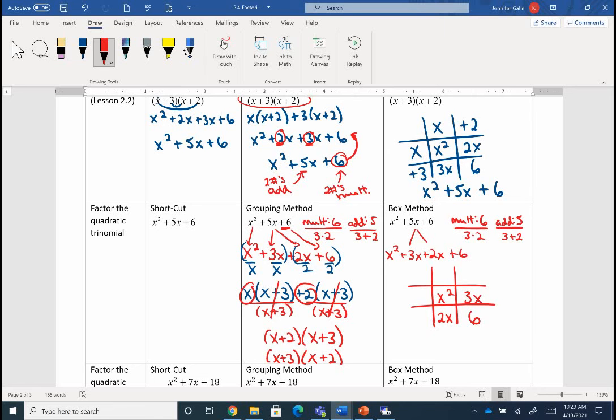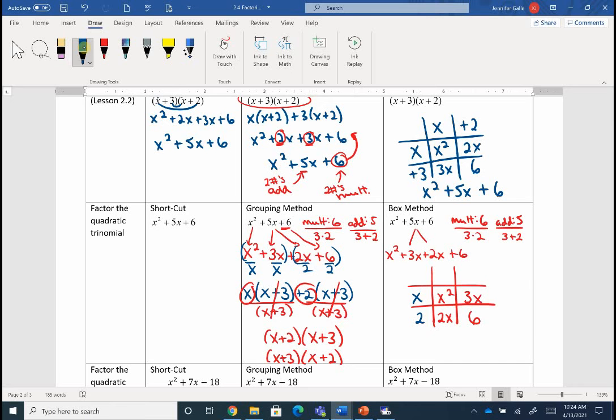So if I start with the first row, I have an x squared and a 3x. My GCF would be an x. So again, I'm trying to figure out what can go into those values. I'm not multiplying them together. We're going in the reverse of our multiplying. Next, I have a 2x and a 6. So 2 can come out of both of those.